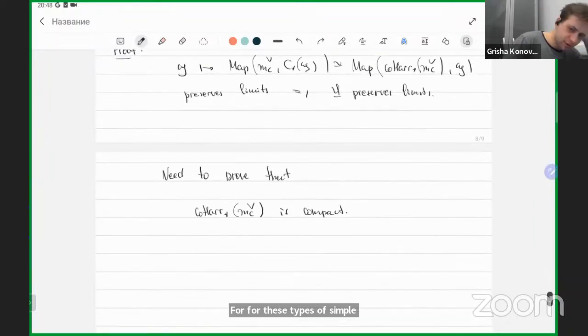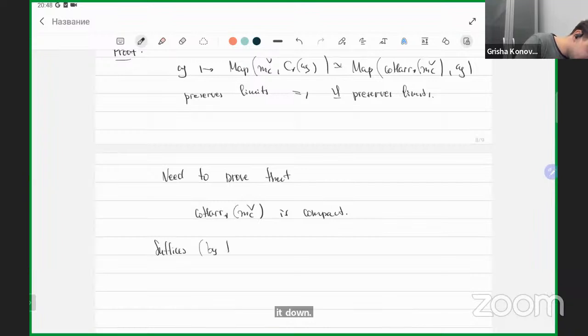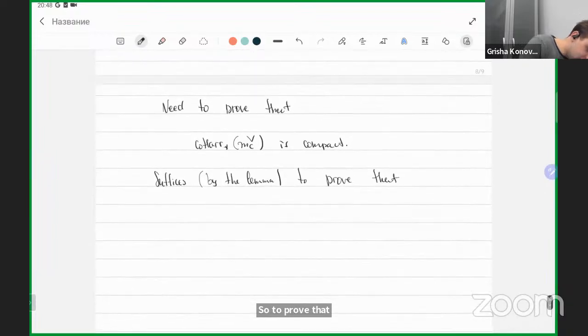And let me write it down. Suffices by the lemma to prove that, again, Cohar of K shifted by minus D is compact.